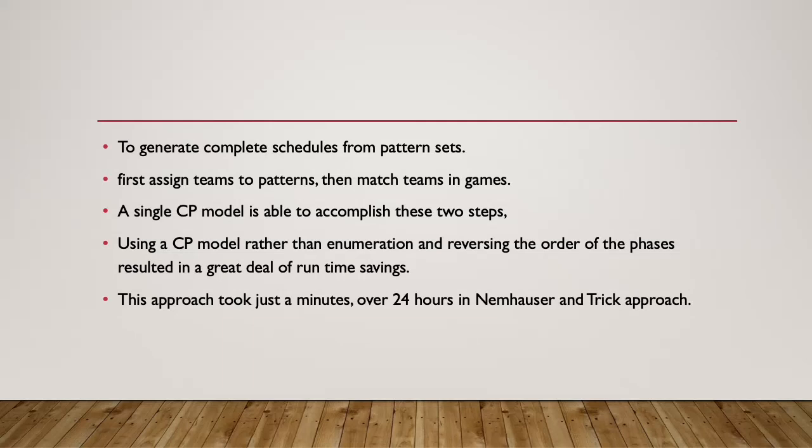So using a CP model, rather than enumerating and reversing the order of phases, resulted in a great deal of run time saving. This model saves a lot of time, and it was able to solve the problem within 30 minutes, which could have taken 24 hours in the numeric approach, which is IP programming.